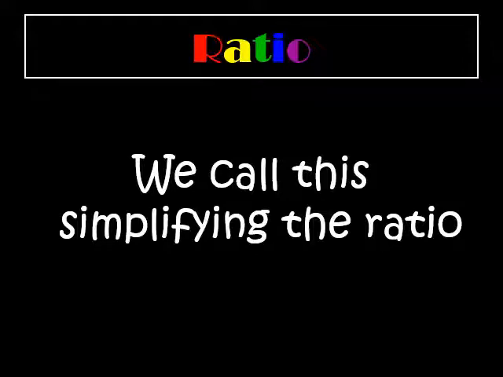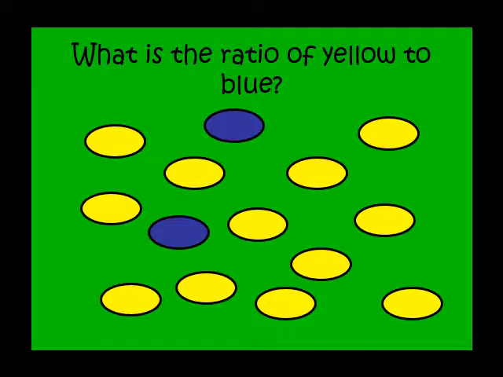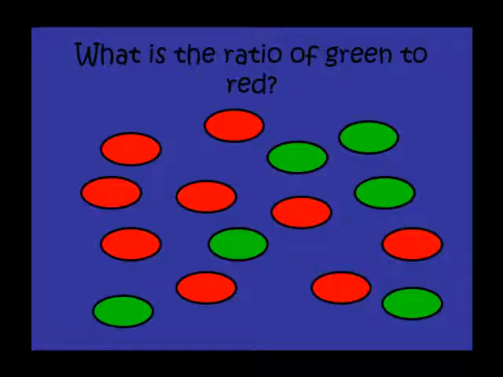Let's see more examples. What is the ratio of yellow to blue? Quickly count the number of yellow counters. Blue are 2. 12:2. Yes, can we simplify it? And we can write it as 6:1. Another example. What is the ratio of green to red?